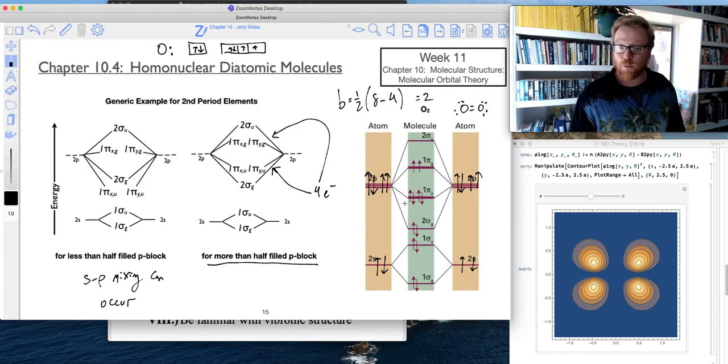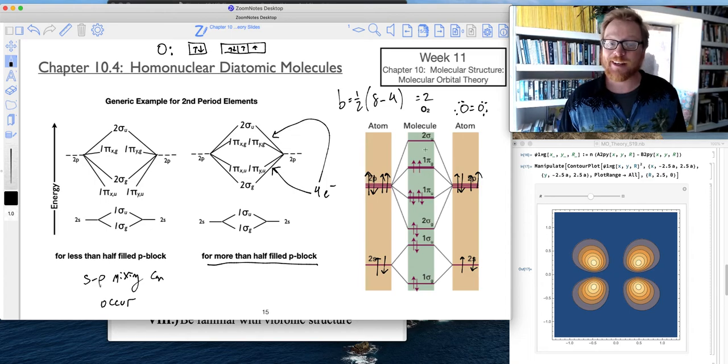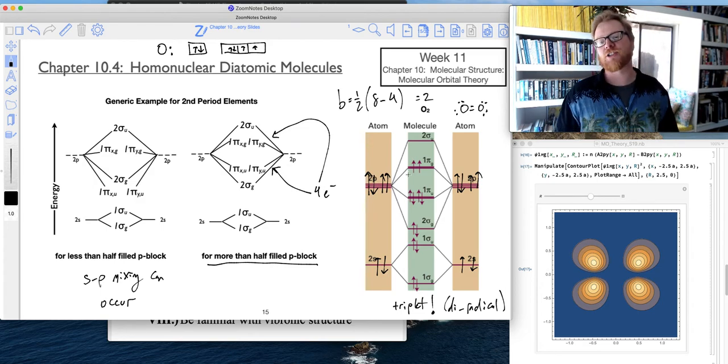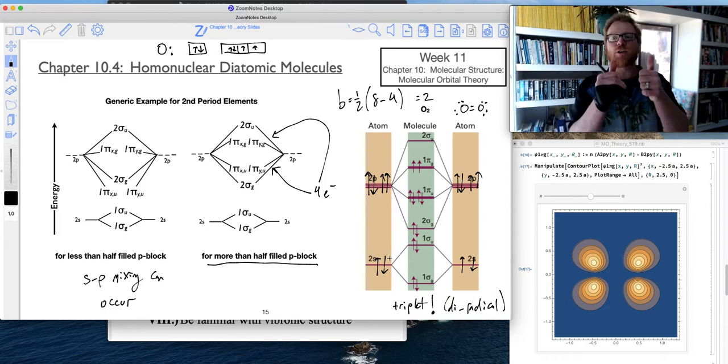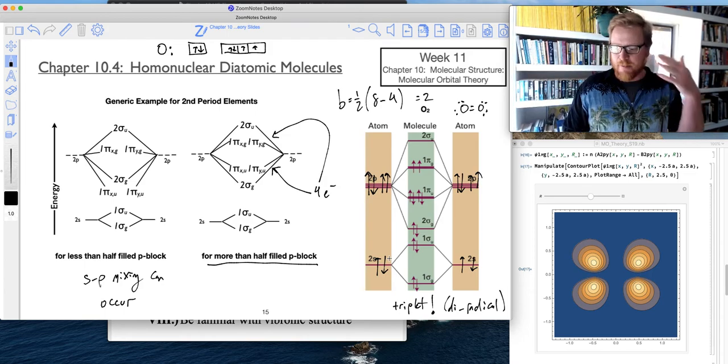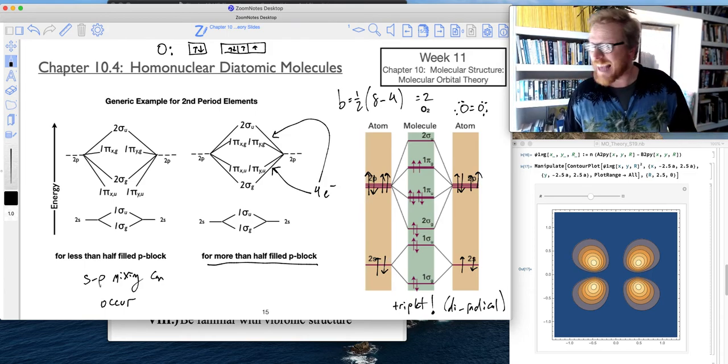As we can even see right here, technically O2 is a triplet ground state, with 2 unpaired electrons. We could also call it a diradical. And we also recognize that oxygen is paramagnetic because it has those 2 upspin electrons. If the electrons were spin correlated, then any magnetic moment would be canceled.